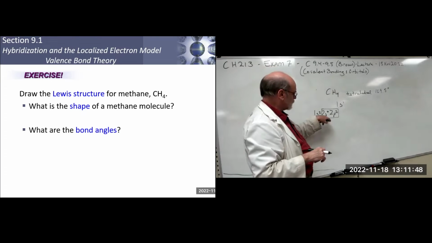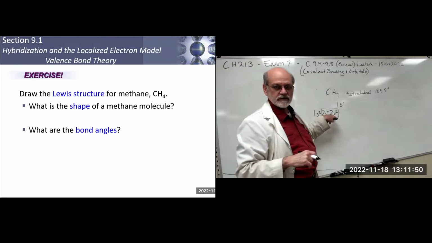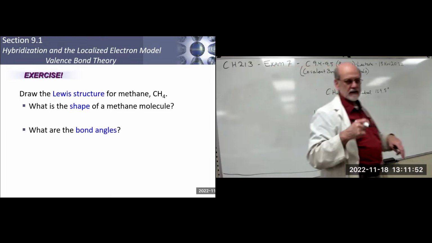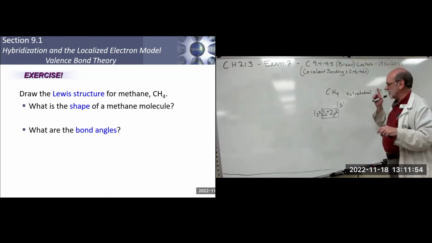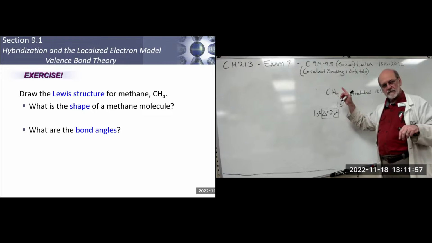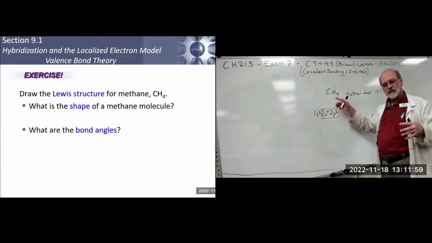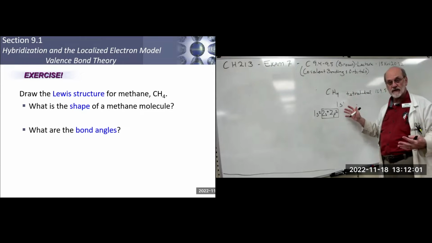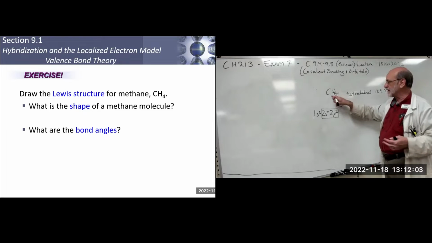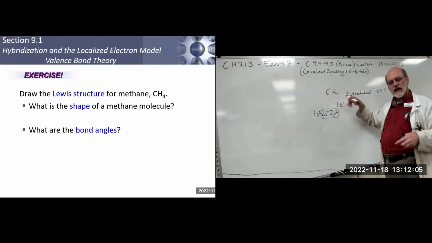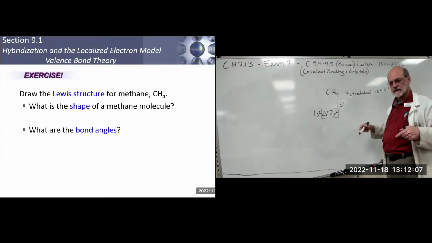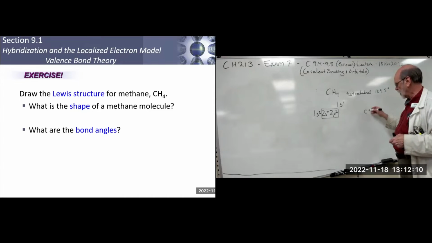And notice we've got 2 electrons in the s orbital and 2 electrons in the p orbital. If methane is going to be a symmetrical tetrahedral geometry, then the bonding between the carbon and each of the hydrogens has to be identical in order to do what we expect it to do.